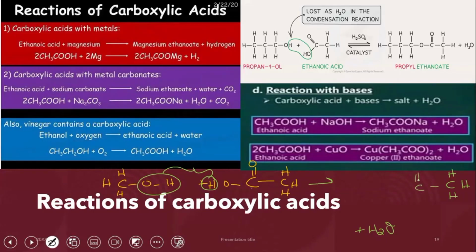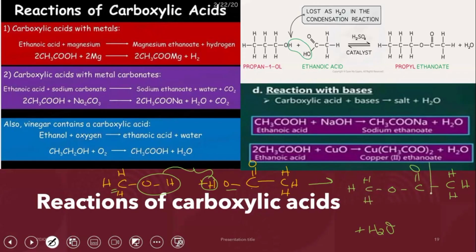Carbon, double bond oxygen, single bond oxygen, and then I won't write down the hydrogen. I will now move on to the alcohol. In the alcohol, again, OH is not to be included. Why? Because the OH is now a part of the water molecule. That leaves me with carbon and 3 hydrogen. And that's how you're going to draw the ester.